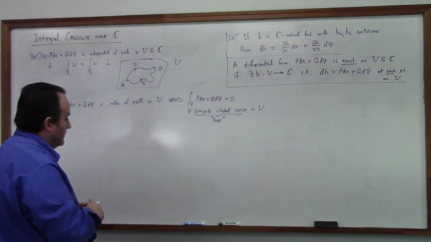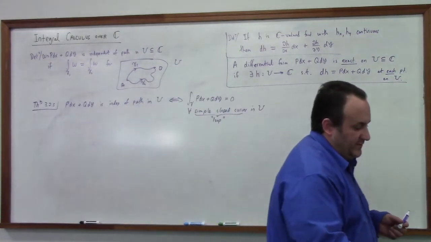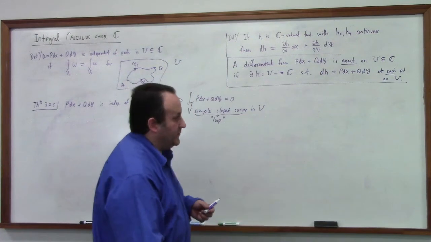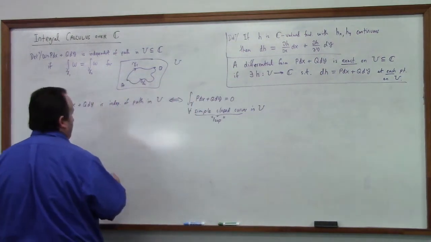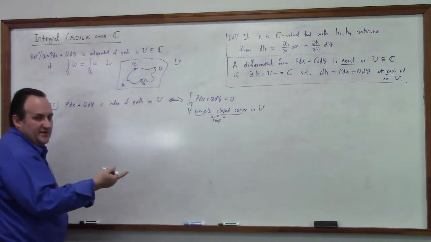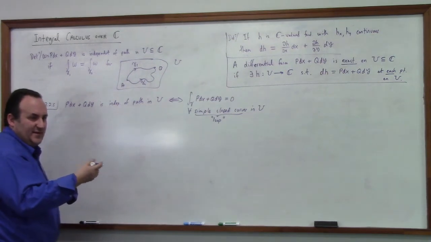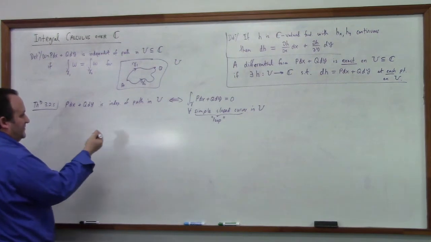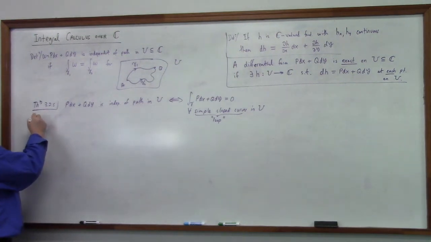Now, this one's relatively easy to prove. Essentially, a picture is the proof here. I need some condition on U. For this to make sense, U has to be a set which is big enough to support these ideas. So I think the preamble to this theorem really should be, let U be a domain.